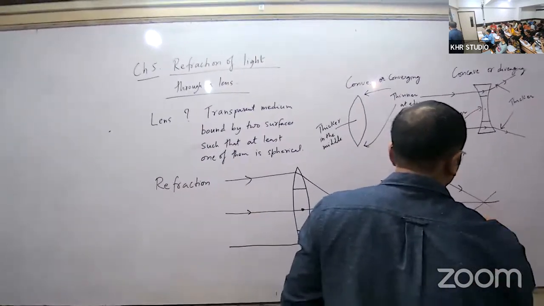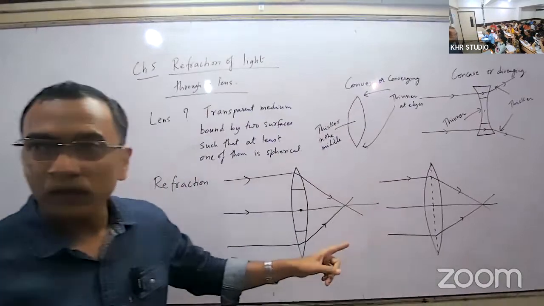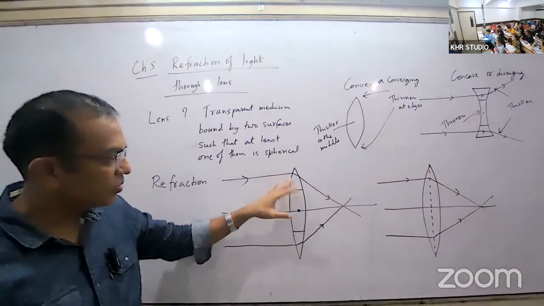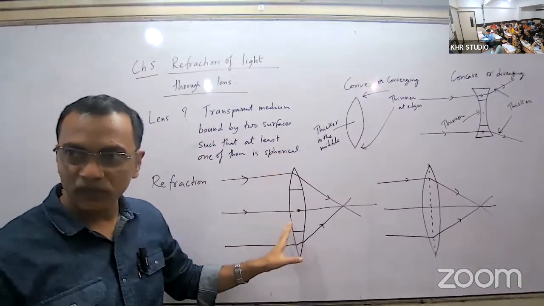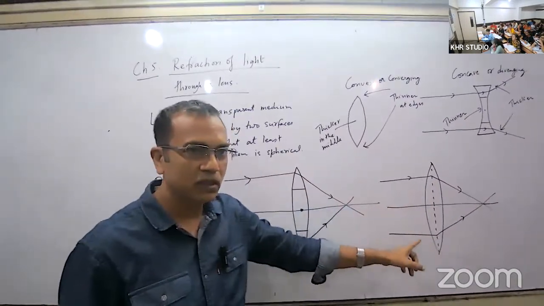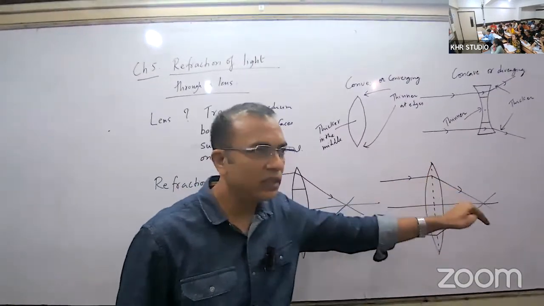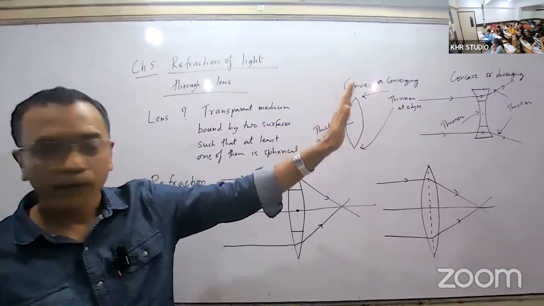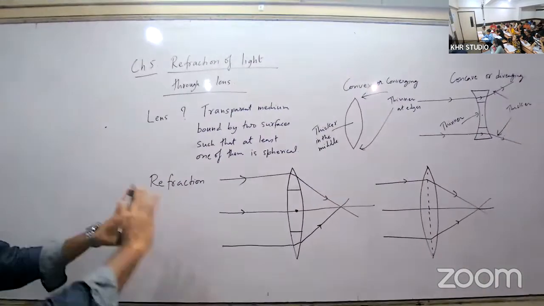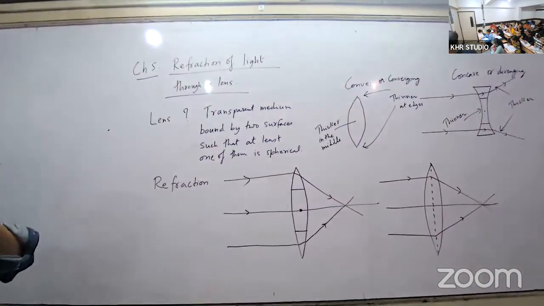This is how you have to draw the ray diagram. Is the difference clear? Yes. It is not required now because it is understood how the refraction is taking place. So now you'll be drawing like this till the center of the lens and then whether it converges or diverges. Is that clear? Yes. Okay. So this was in unit 1, unit A.